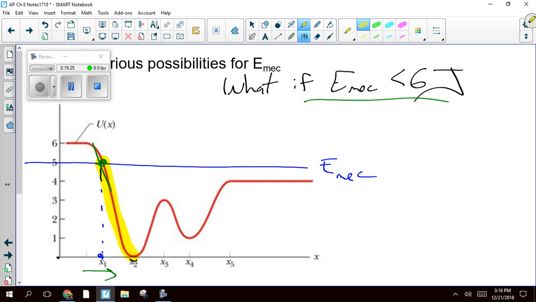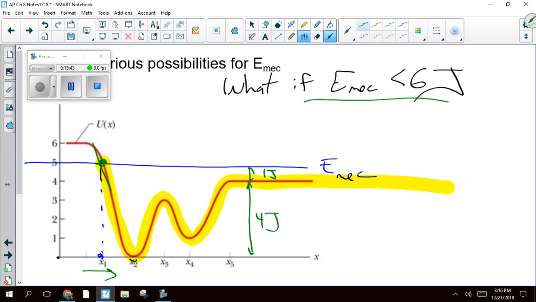So by the time we get down to here, all of our energy is now kinetic. Some of it converts back to potential, back to kinetic, back to potential. And so the idea is, at this point, it's going to just keep going this way forever with a kinetic energy of 1 joule, right? Because we've got 4 joules of potential energy, and so the remainder is going to be kinetic. Okay?